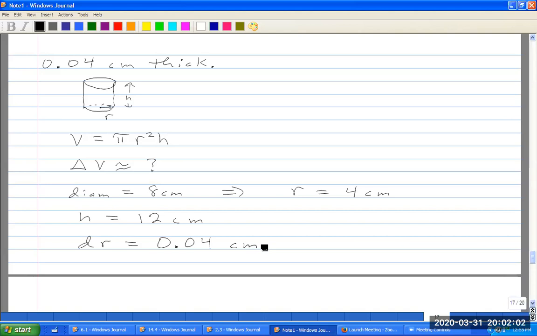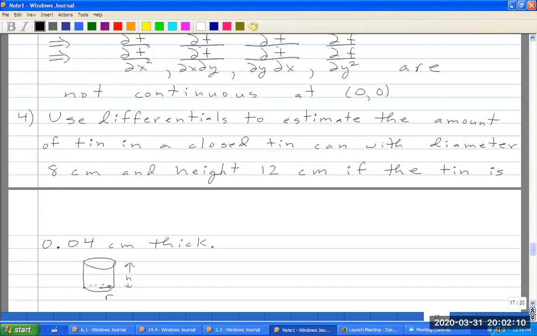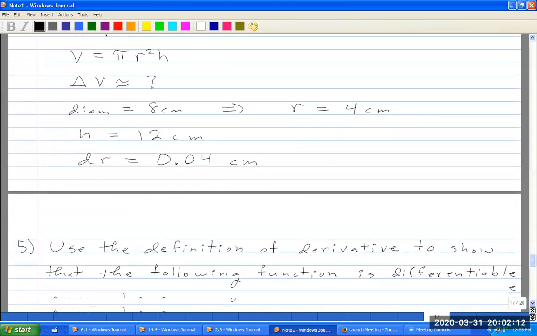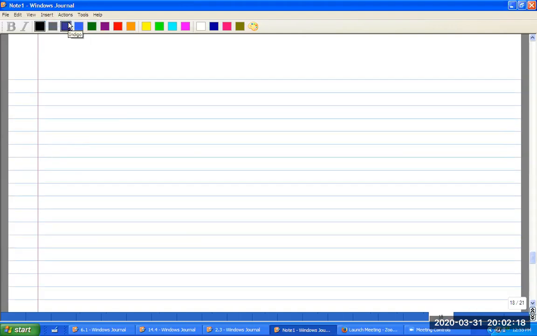Then its height is going to be raised both on the top and bottom, because it's a closed can, by 0.04. So the change in the height will be 0.08 centimeters.